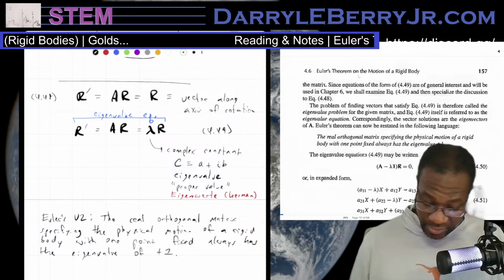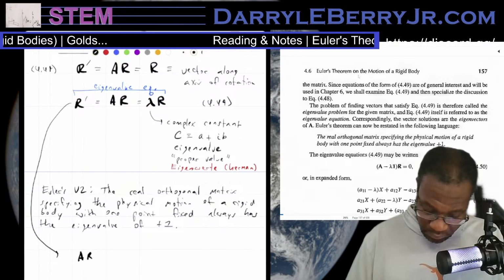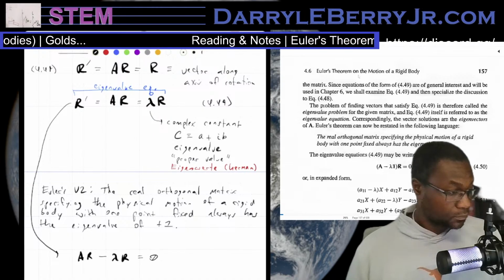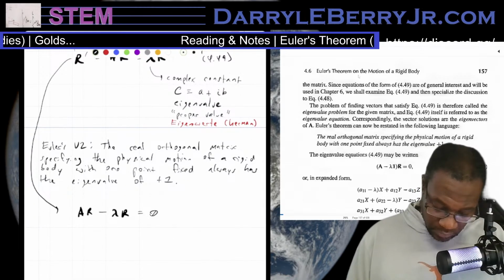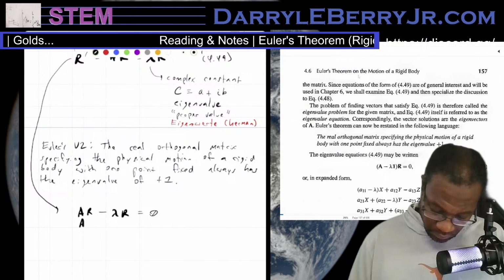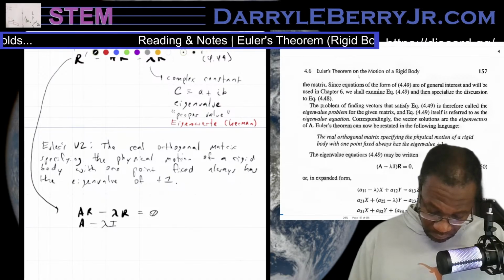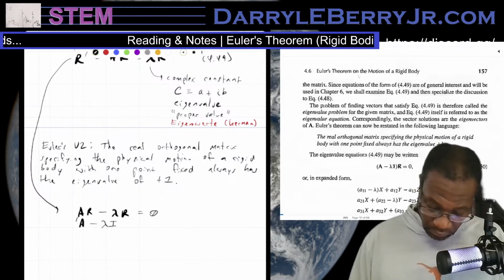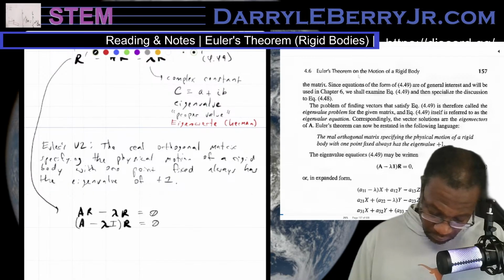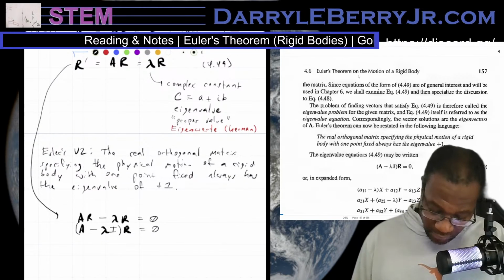The eigenvalue equation 4.49 may be written with lambda r subtracted from the right, so now it's equal to 0.